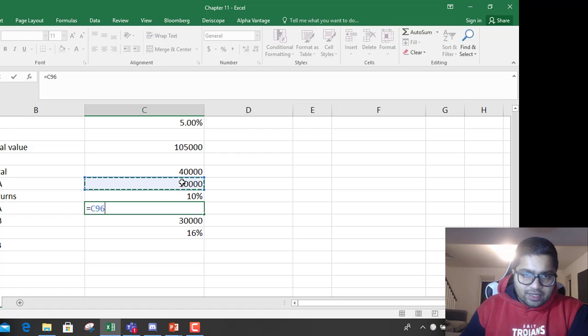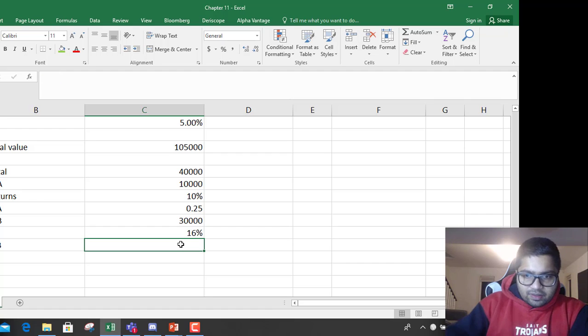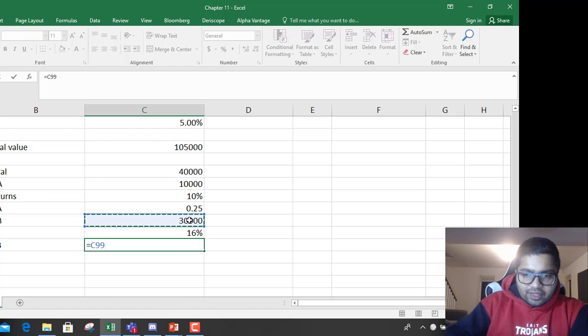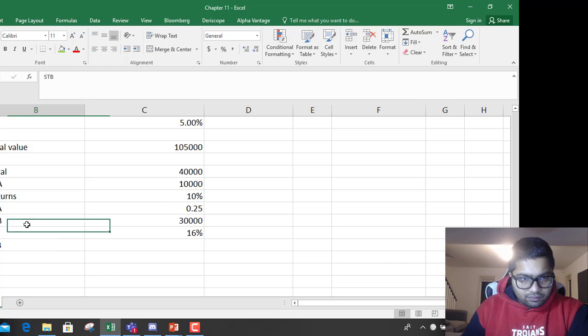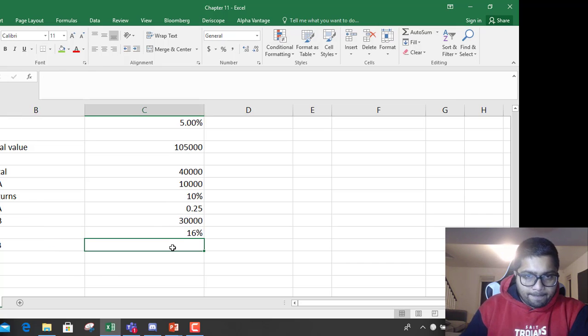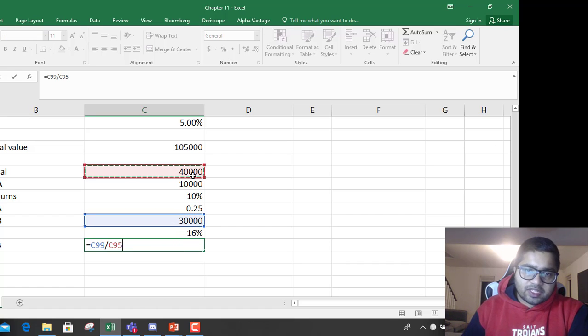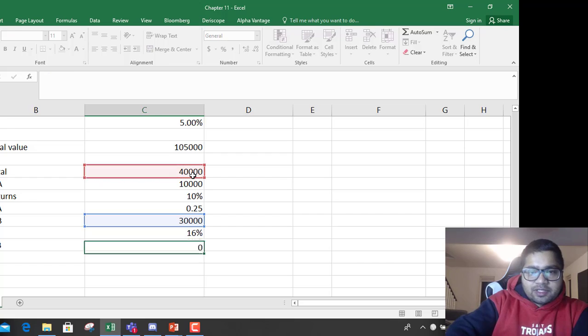Weights: 10 divided by 40, 30 divided by 40. Investment in B divided by total investment.